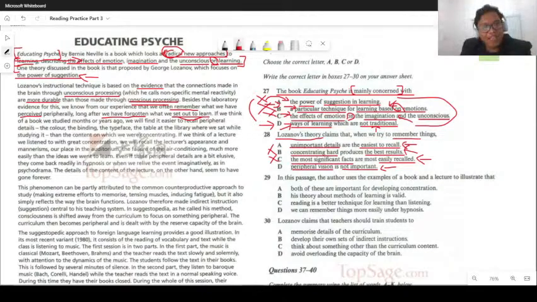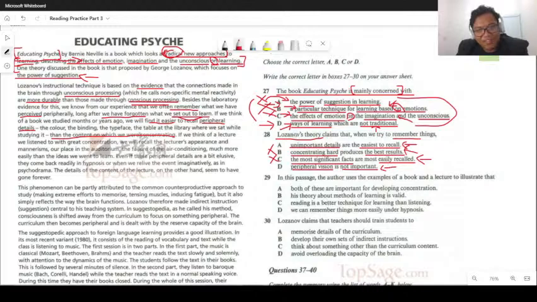Let's continue. If we think of a book we studied months or years ago, we will find it easier to recall peripheral details, right? The color, binding, typeface, etc., than the content on which we were concentrating. So it's actually easier to look at the wider content instead of the main content that we're trying to focus on, right?